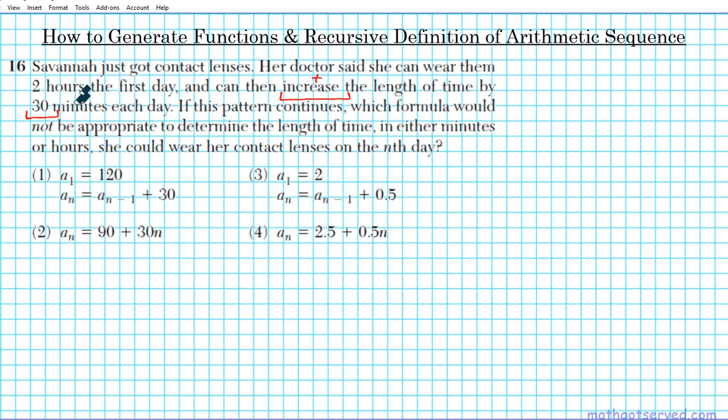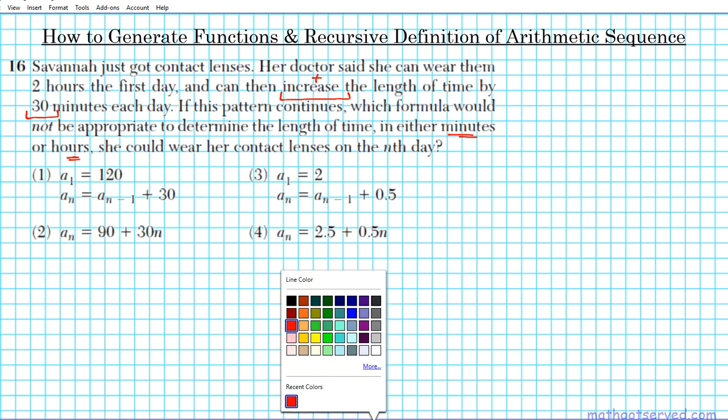When you're adding a constant over and over again, that is an arithmetic sequence. So what we're going to do is generate the first 3 terms of the arithmetic sequence in minutes and hours, and then see which of these functions or recursive definitions does not generate the 3 terms that we found.